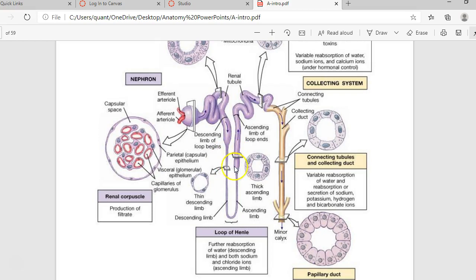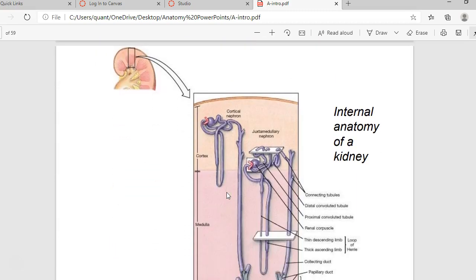Because there are different osmolarities, or what I think of as salt concentrations, the shape of this loop and the depth of this loop help it perform its function. See right here, here's the outer part of the kidney, and then look how this loop is looping deep down into what they call the medulla, or the middle part of the kidney.